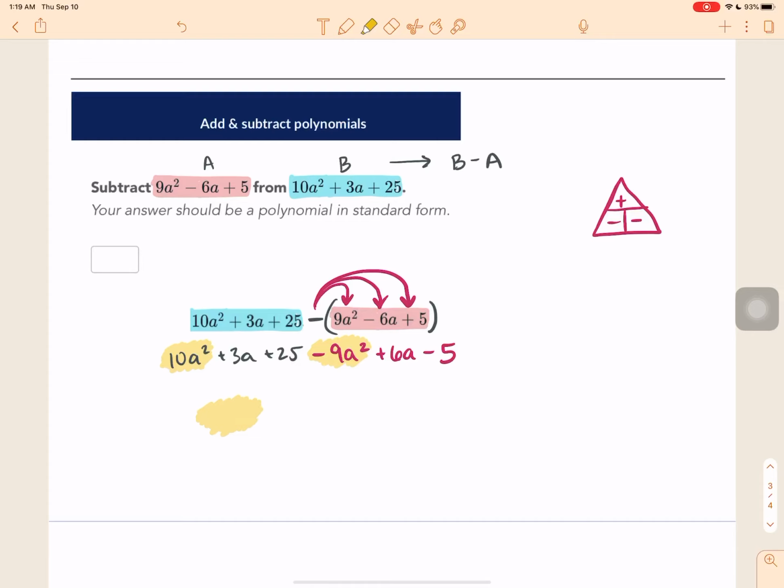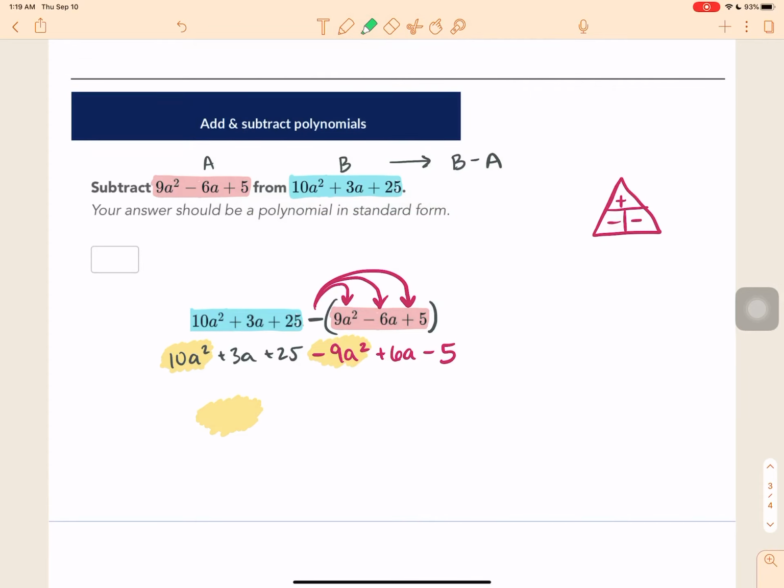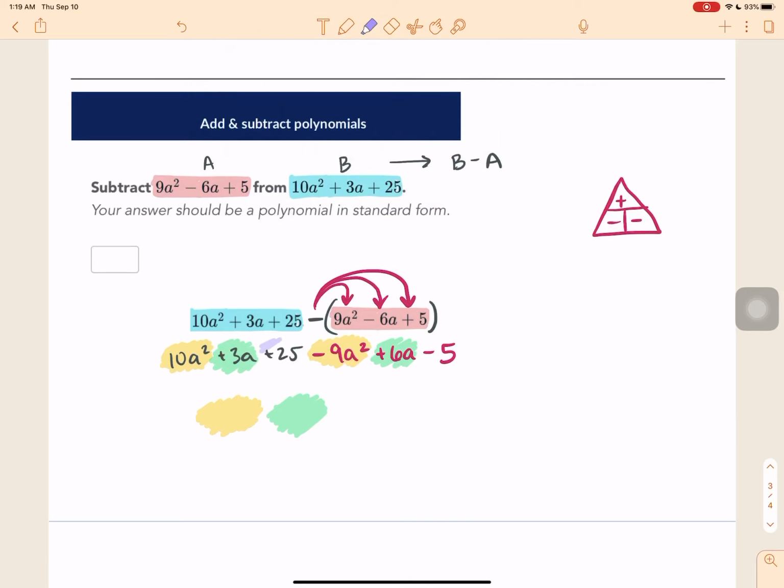And that is my highest exponent as well, so it's working out pretty nicely. And then I have a positive 3a and a positive 6a. So those two terms are like terms, so they will need to be combined. And then last but not least, we have our constants. So we have the positive 25 minus 5.